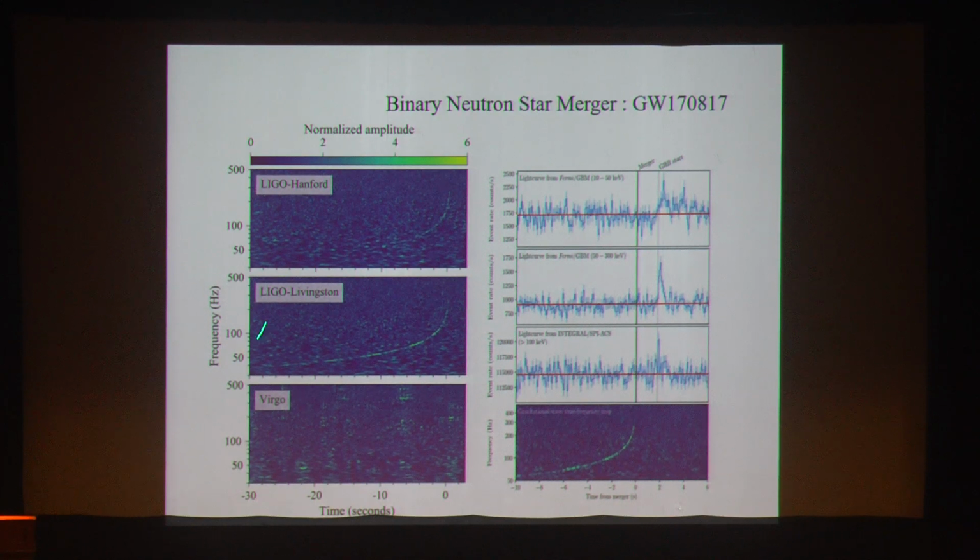So the last few orbits are shown here. This is frequency versus time, the frequency of the gravitational waves, in two detectors of LIGO, Hanford and Livingston. This is Virgo.